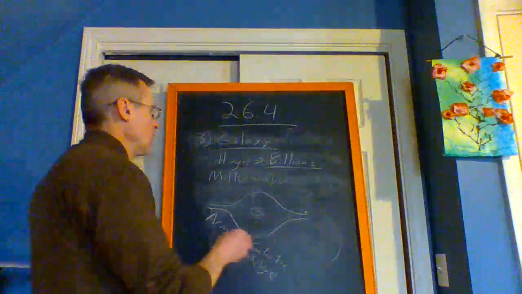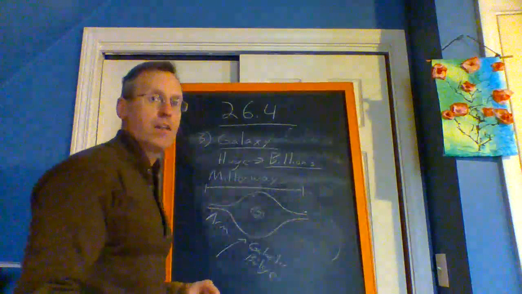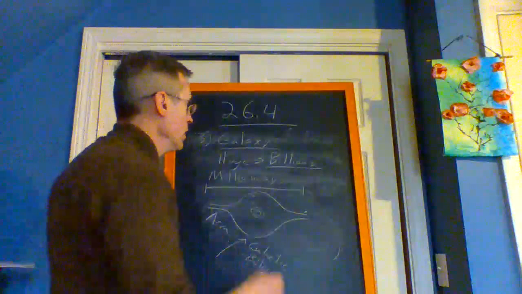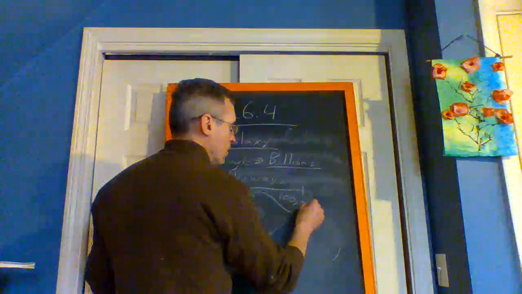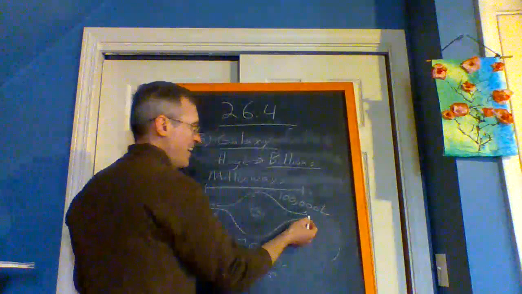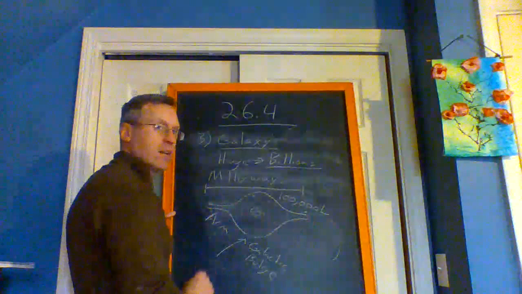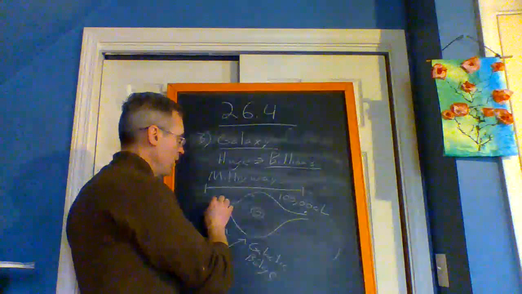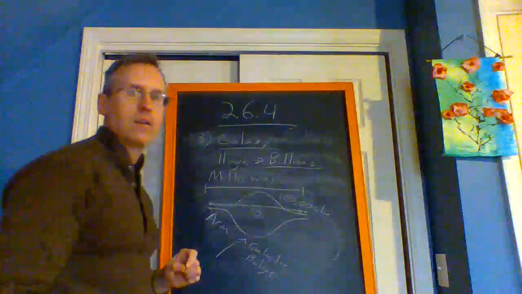Oh, yeah, I also want you to know the relative size of the Milky Way galaxy. It's about 100,000 light years from end to end. So here we are at one end. A star that's over here, when we look at it through a telescope, it takes the light 100,000 years to get to us.